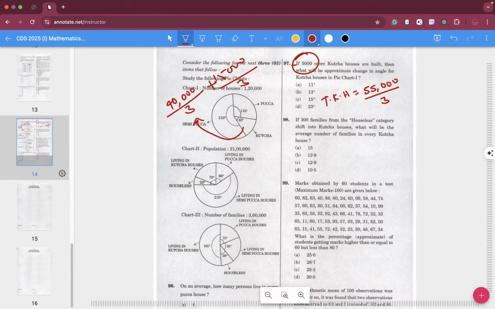So now the total number of kacha houses will be this particular value 55,000 by 3, right?